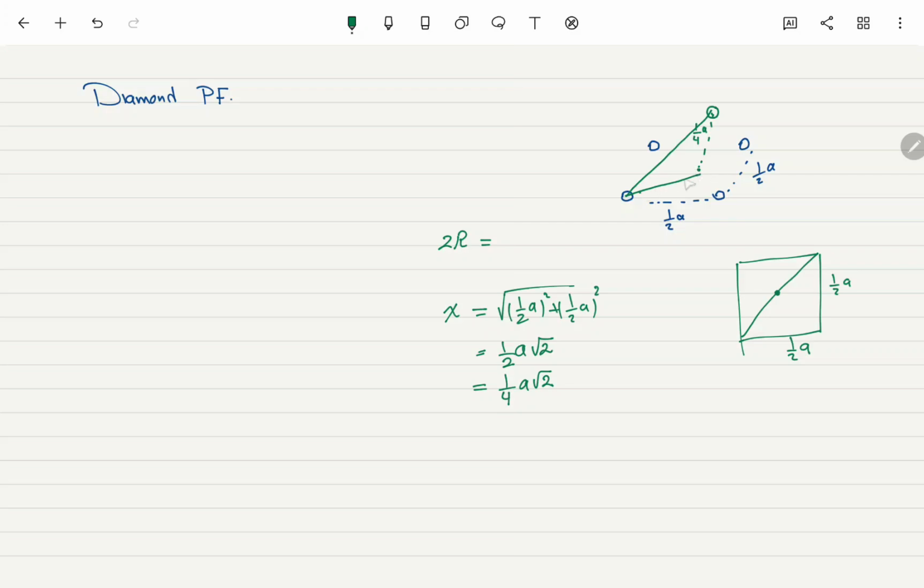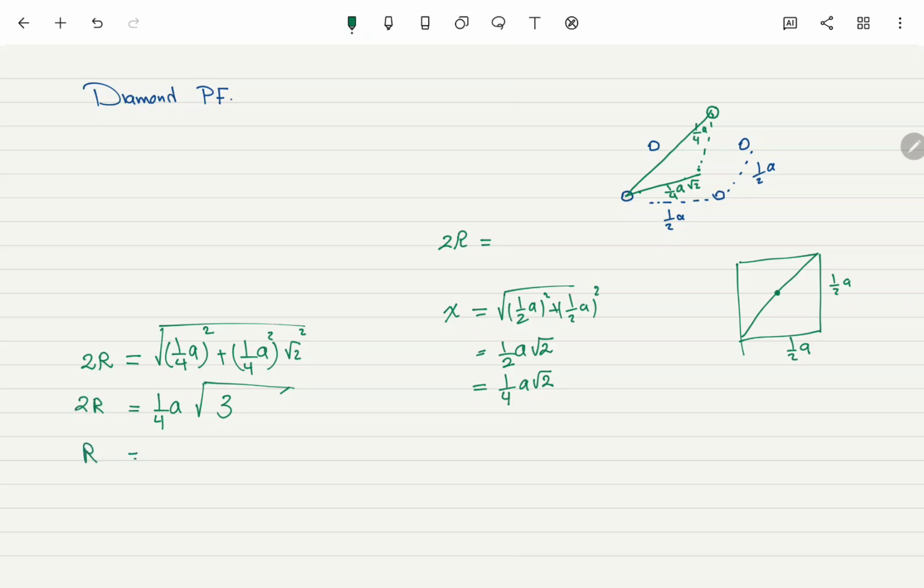So the distance here is equal to 1/4 A square root of 2, and this one here is 1/4 A. Now 2R is equal to the square root of (1/4 A) squared plus (1/4 A square root of 2) squared, or in other words 1/4 A square root of 3, which is equal to 2R.